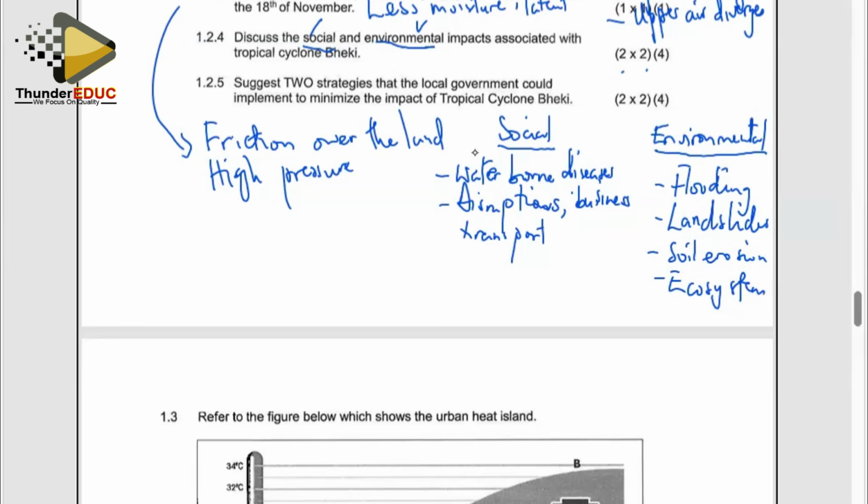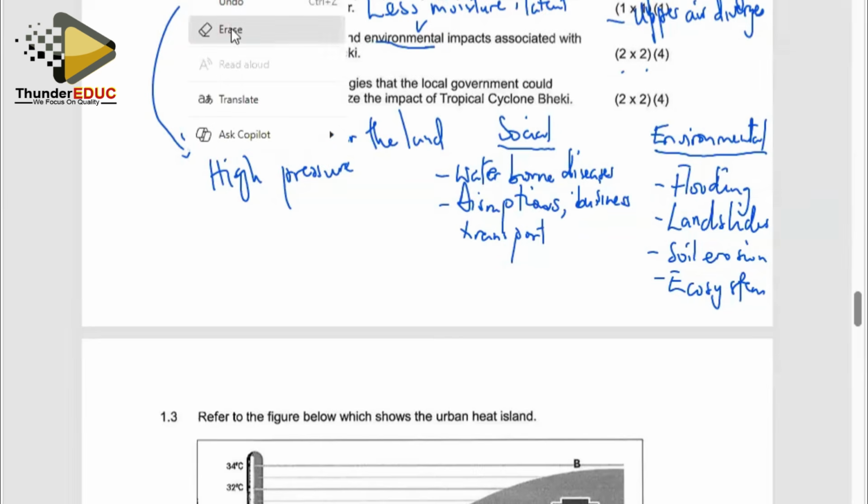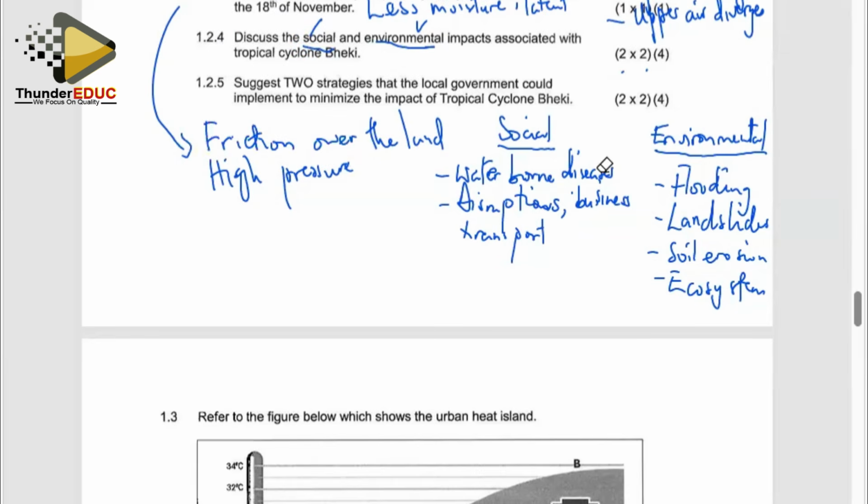There are lots of things that can be done there by the local government. Do not try to force yourself to think how things are done from the textbook. You must be able to think outside the box. Take as if you are the responsible authority.